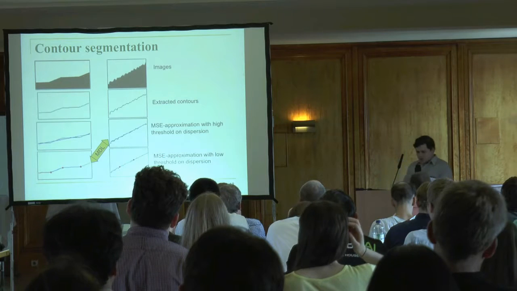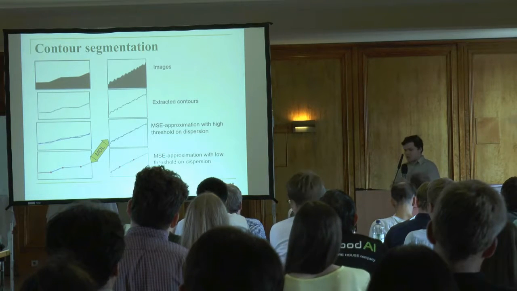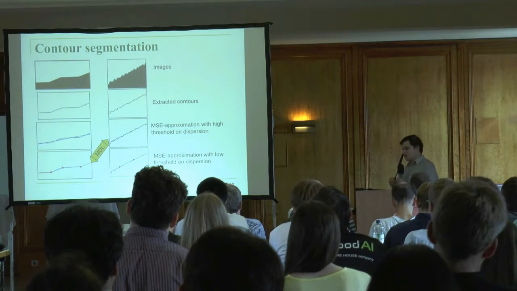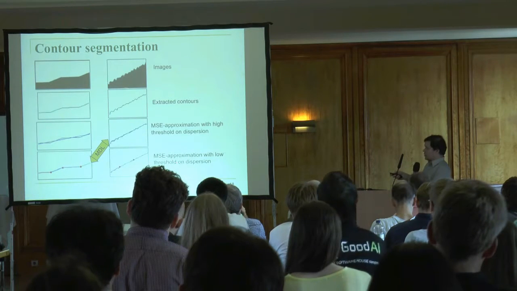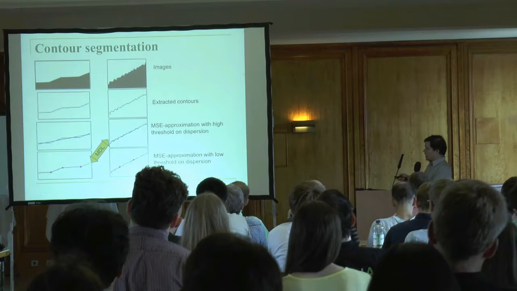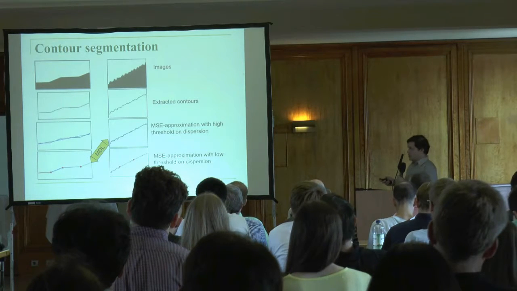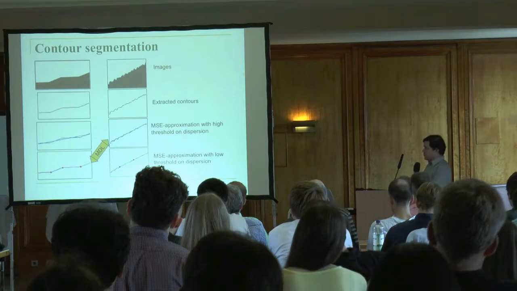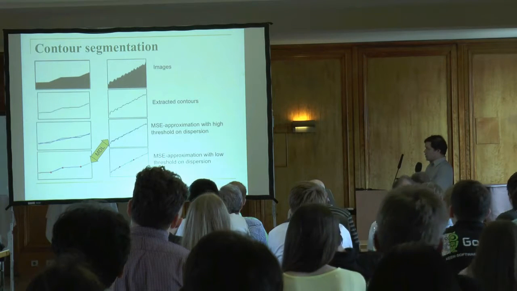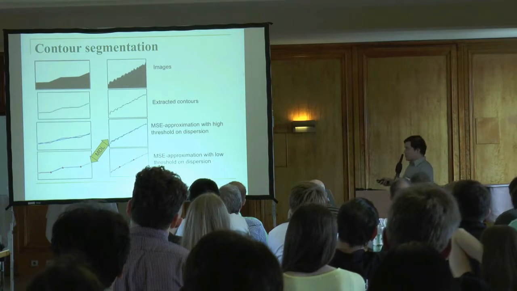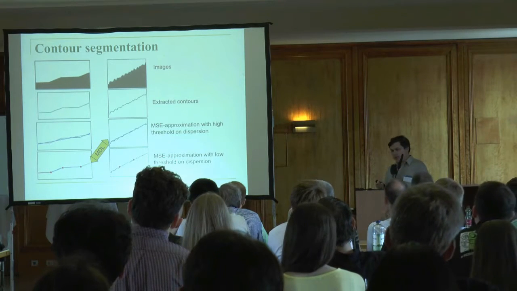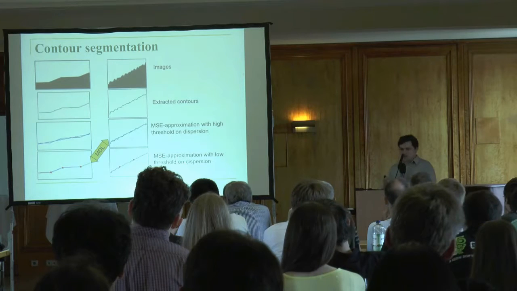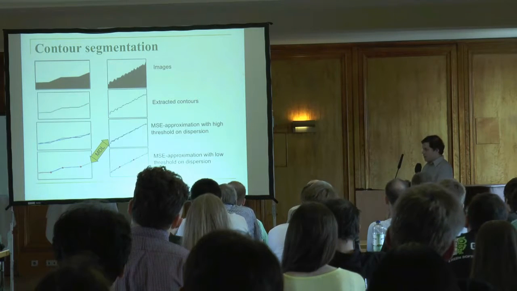The same holds, for example, for the task of construction of structural elements based on contours. For example, here we have two borders and two contours extracted for these two images. And if we use minimum square error approximation, then we need to apply some threshold on the MSCR value.